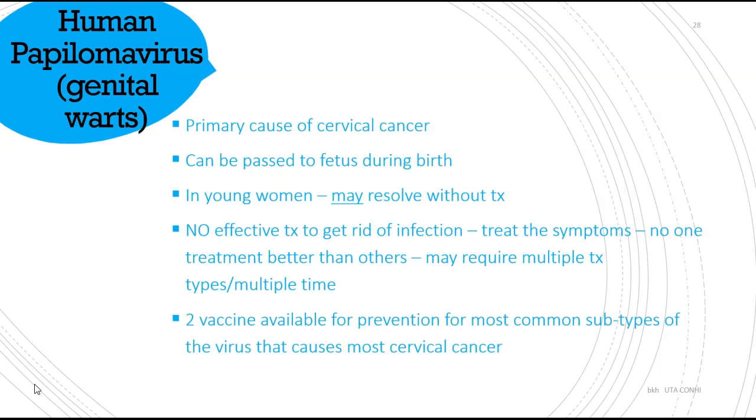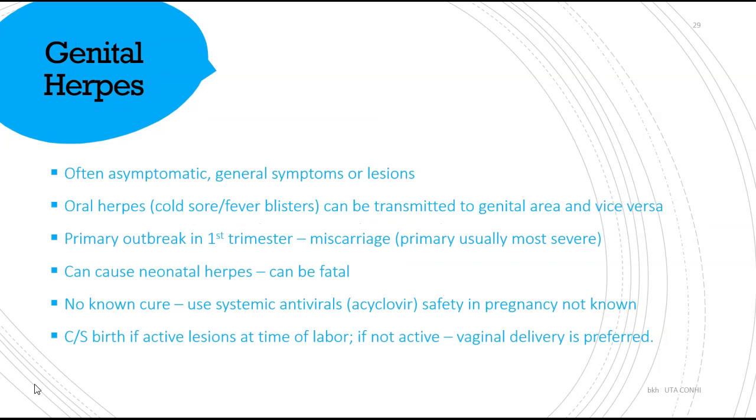And I frequently hear, well, that vaccine's only good toward 2 of the many, many types of HPV out there. And while that's true, the 2 types that it does prevent are also the 2 leading causes of cervical cancer in our women.